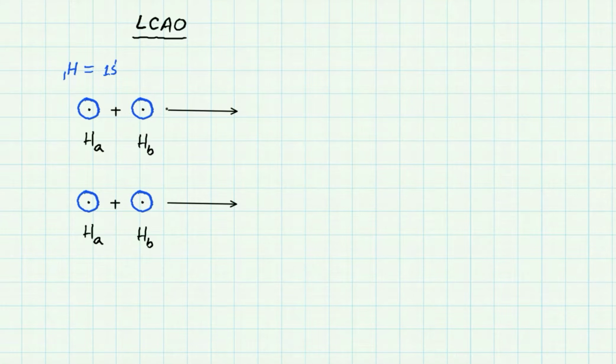In the first one, suppose these two atoms combine together, that is their orbitals are mixing up in a way that when these atoms combine together, their electron density takes this form.